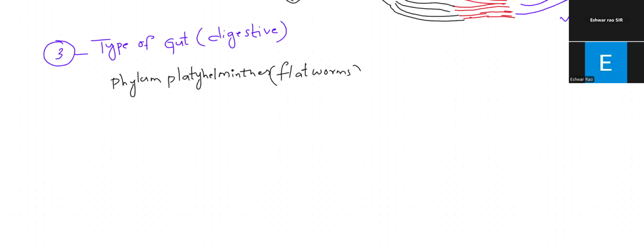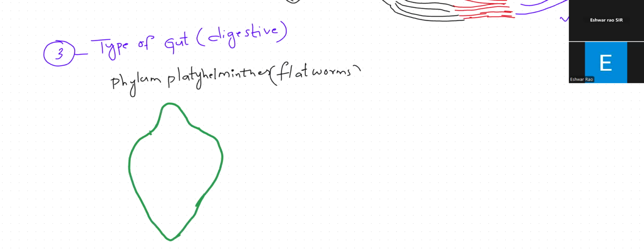When you see here, this is the diagram of Fasciola hepatica, which is commonly called liver fluke.